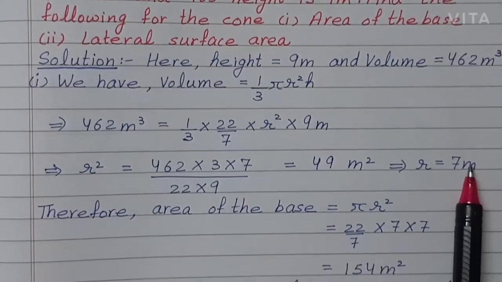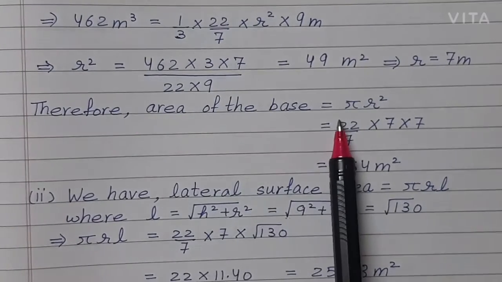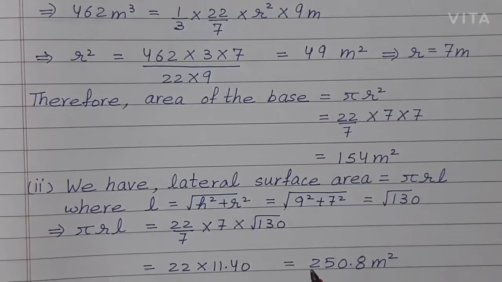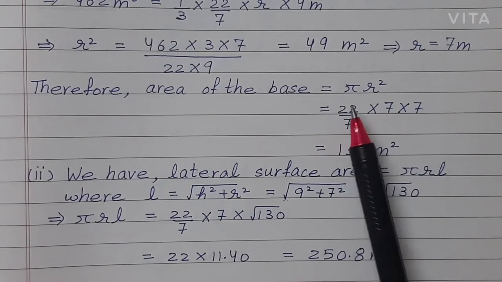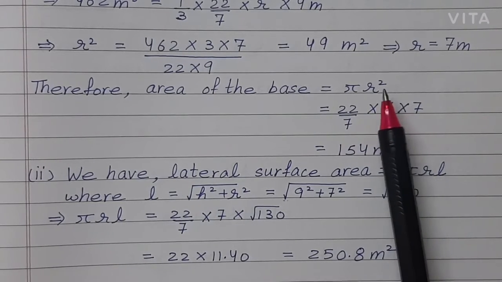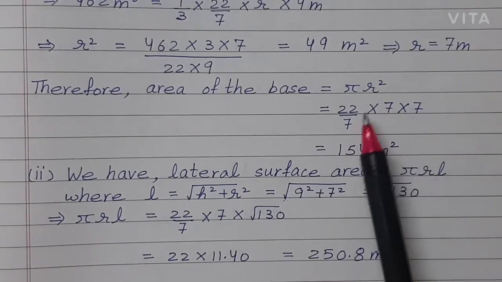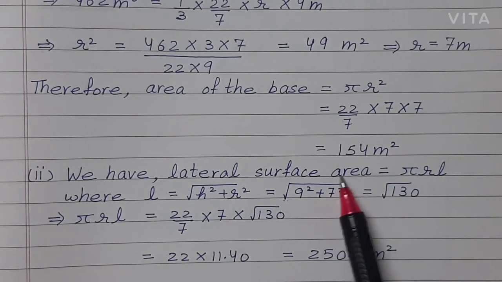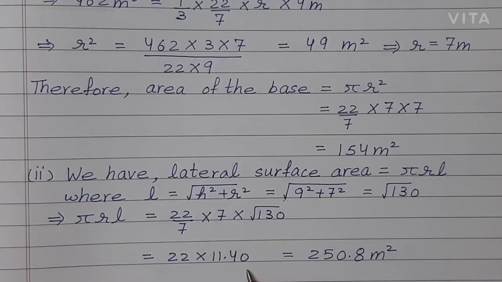Clear? Therefore, area of the base is pi r square. Why pi r square, students? Because in a cone, the base is in the form of a circle. So here r is 7, that is 7 into 7, and pi is 22 upon 7. So the answer is 154 meter square.